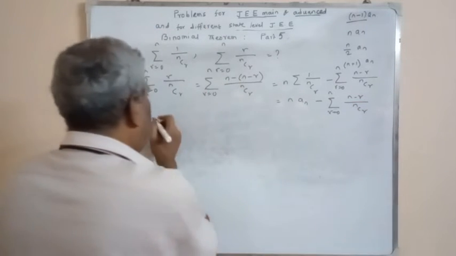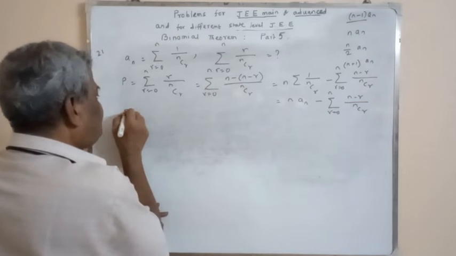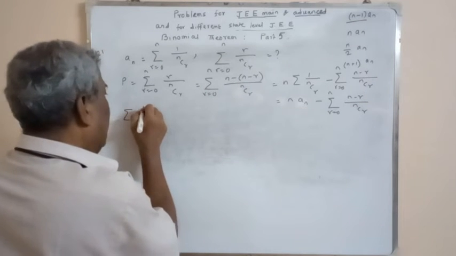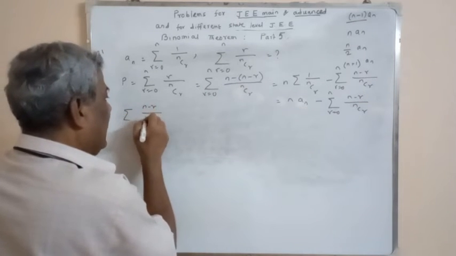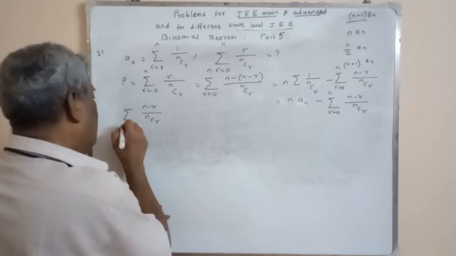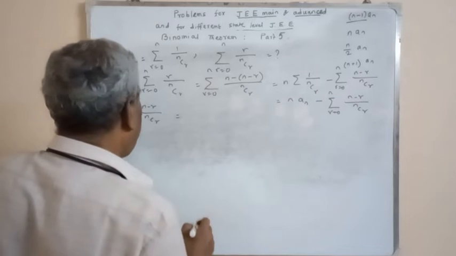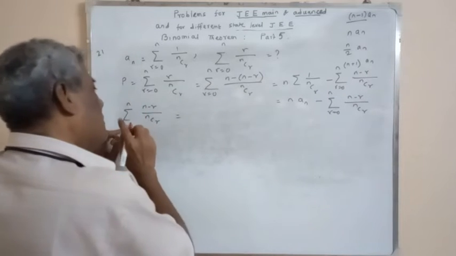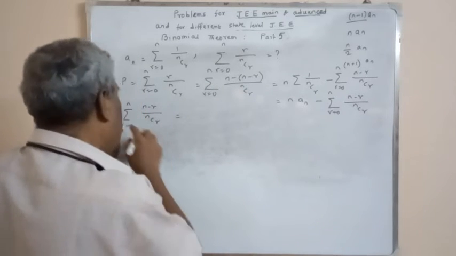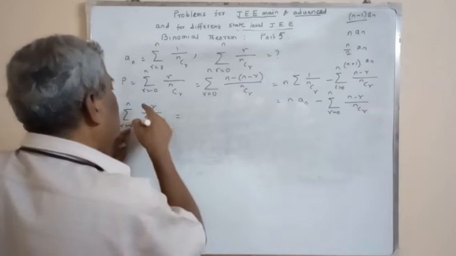Now this thing, sigma of n minus r by nCr, r from 0 to n, I expand it. First of all, we put r is equal to 0.